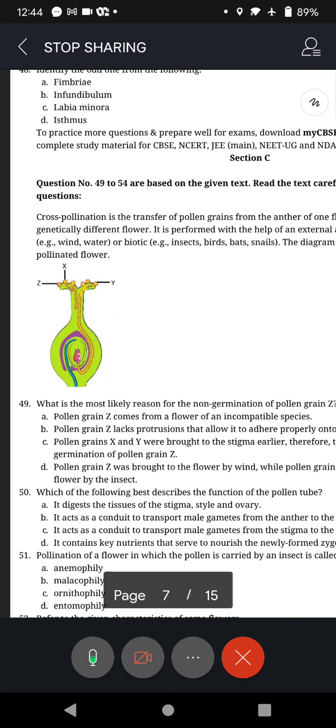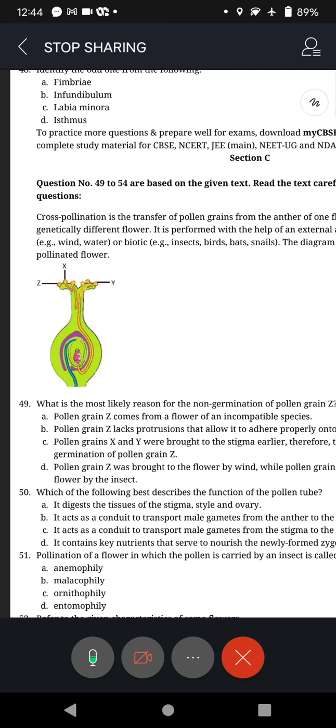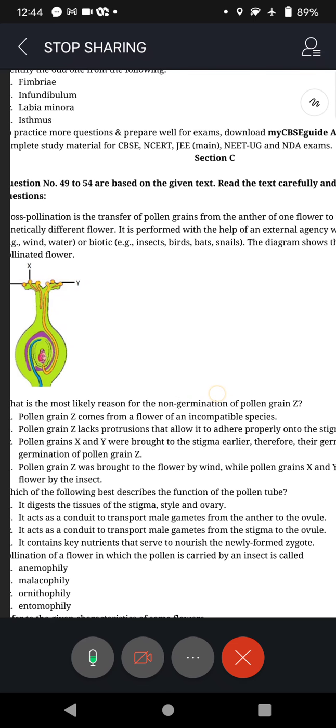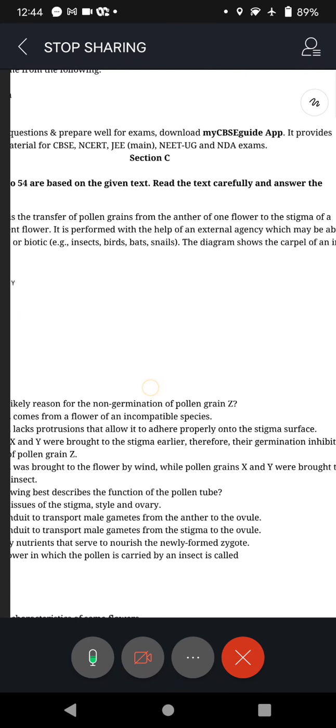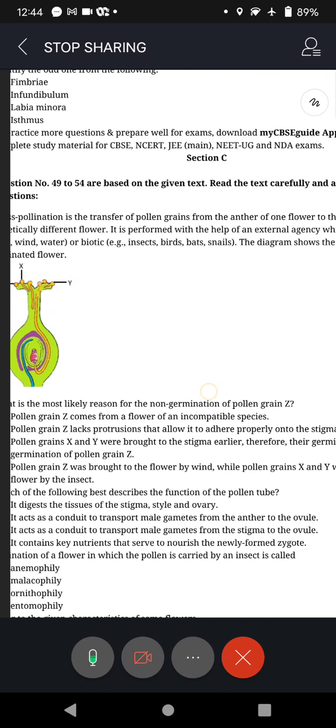Now we come to section C, where it is called case based. So one story will be there, down there will be questions. Now question number 49, section C. So the text that is given is: cross pollination is the transfer of pollen grains from anther of one flower to stigma of another flower, genetically different flower.